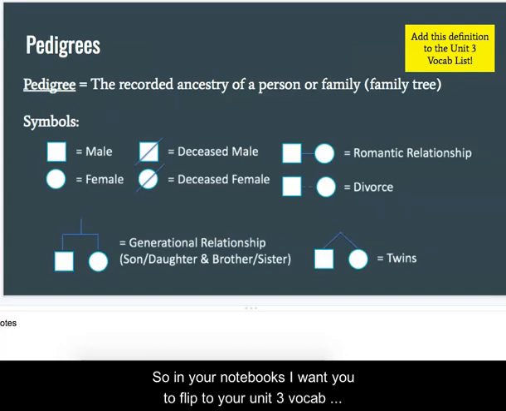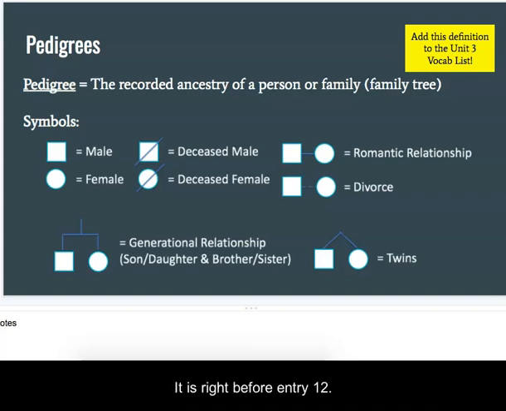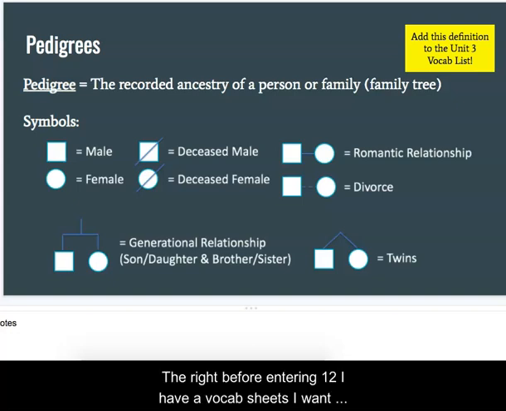In your notebooks, I want you to flip to your Unit 3 vocab page. This was right at the very beginning of our Unit 3. For me, it is right before entry 12, so I want you to add in a pedigree.